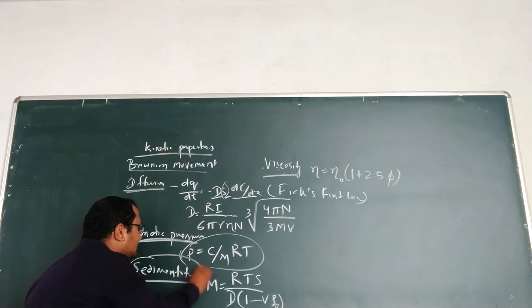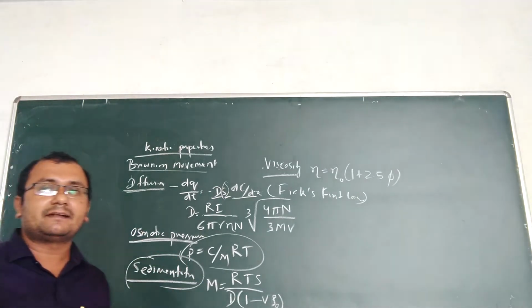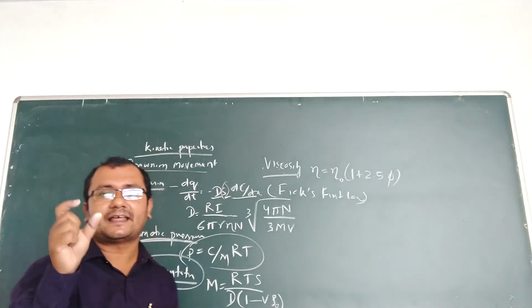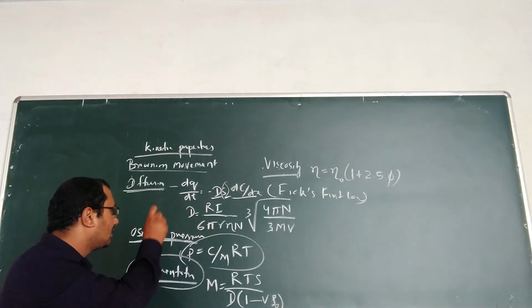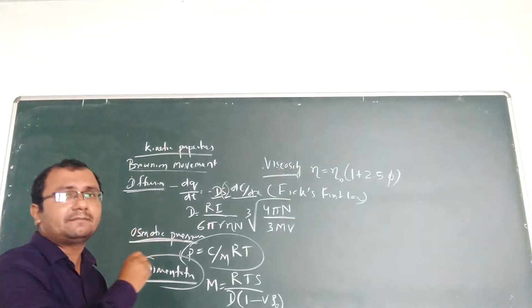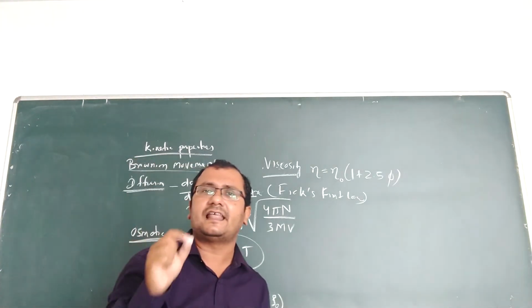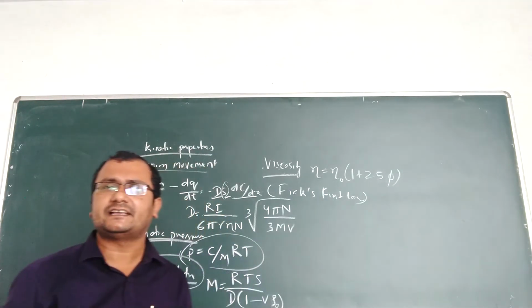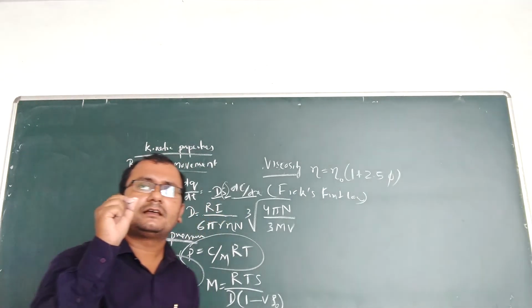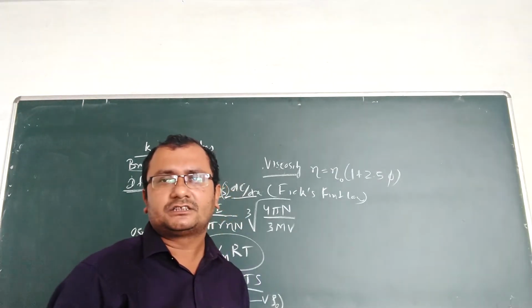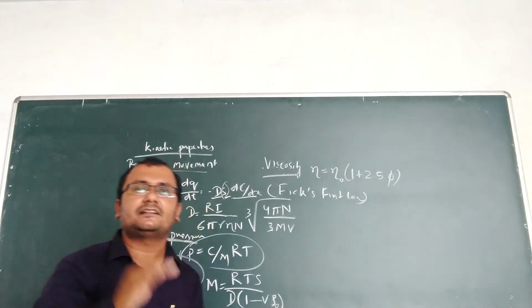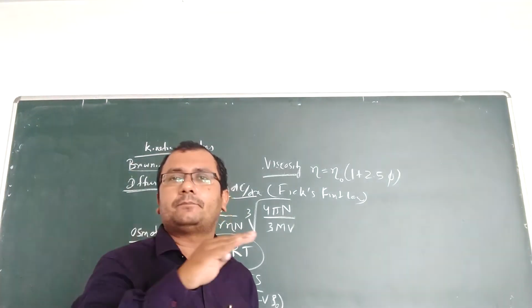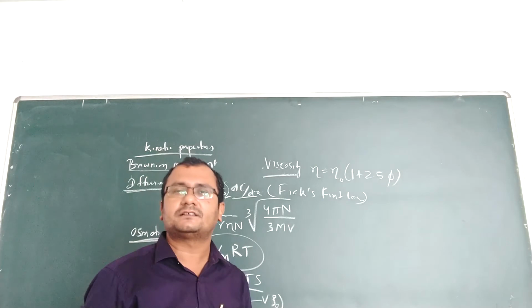Then coming to another one, sedimentation. Sedimentation we generally evaluate in case of suspensions, but sometimes we also evaluate it for colloidal dispersions. This sedimentation is very less in case of colloidal dispersion because the particles are very small in size and they undergo Brownian movement, so they will not settle at the bottom of the container, they will not sediment. Always there will be a particular movement inside the bulk of the solution.